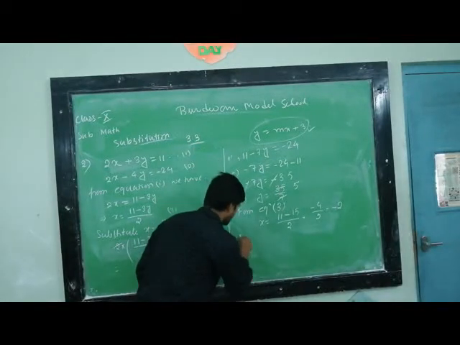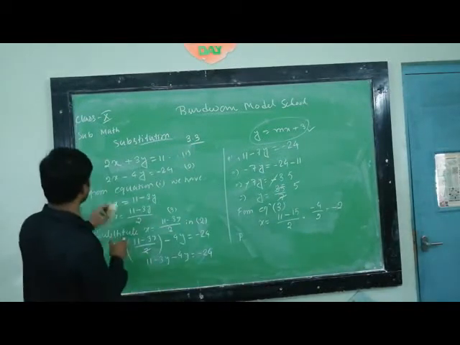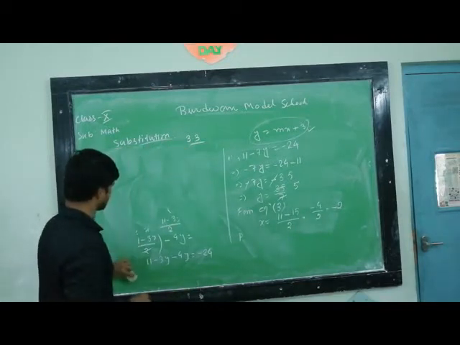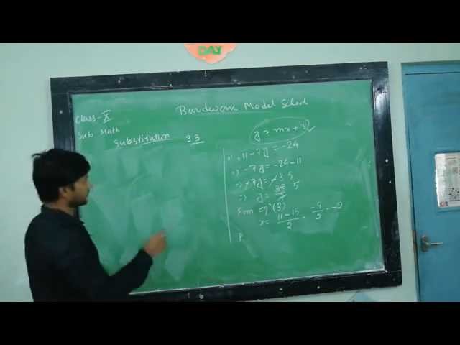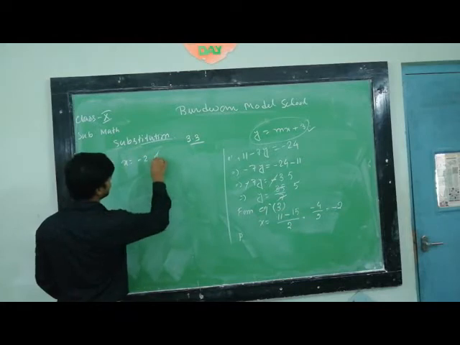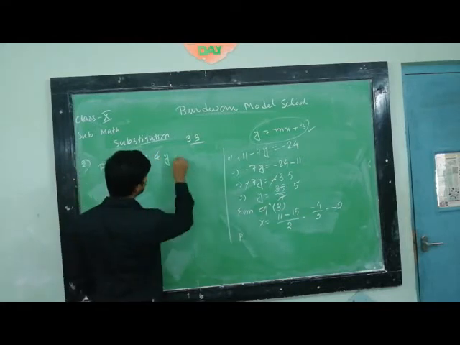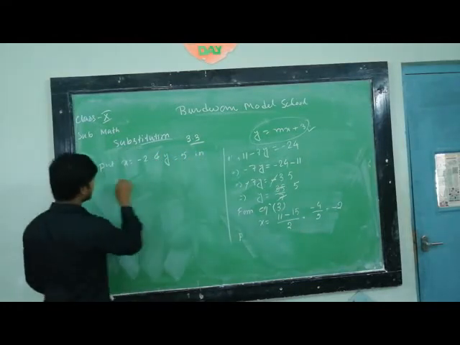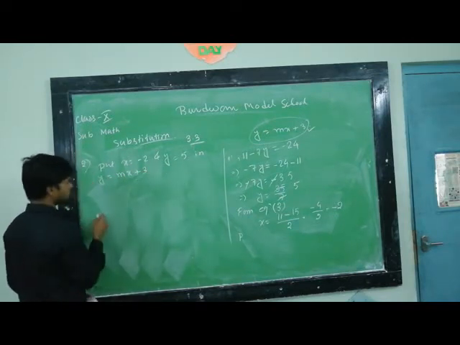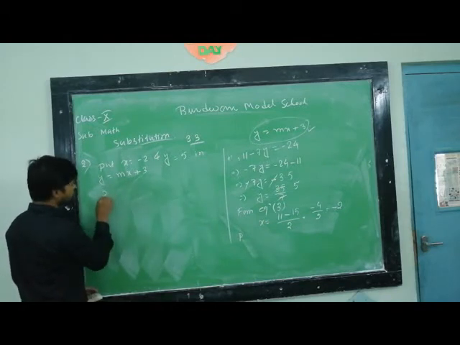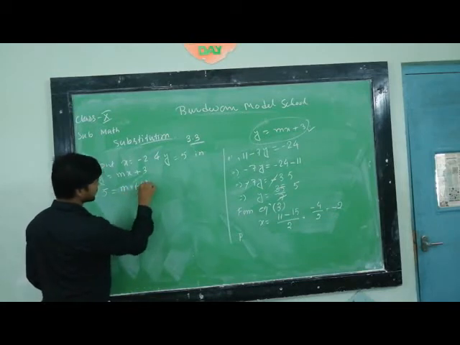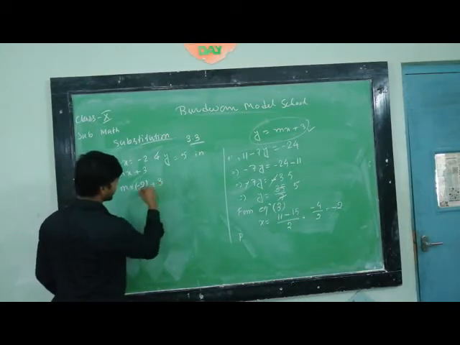Okay, so now, I am rubbing this portion due to shortage of space. So put x is equal to minus 2 and y equal to 5 in this equation, y equal to mx plus 3. See what's happening. So 5 is equal to m into the value of x, that is minus 2, plus 3.